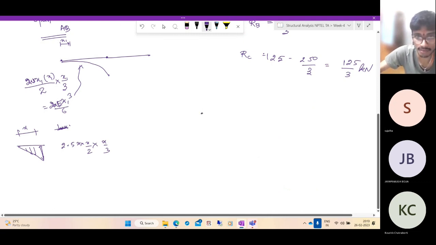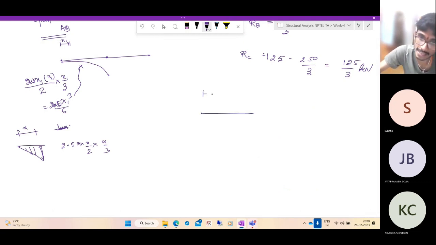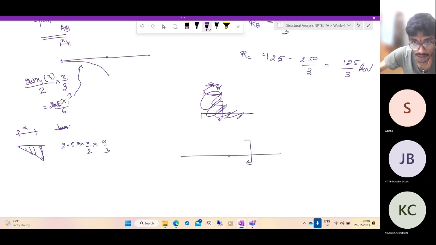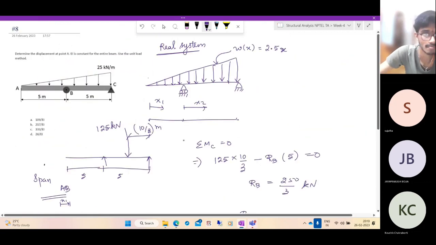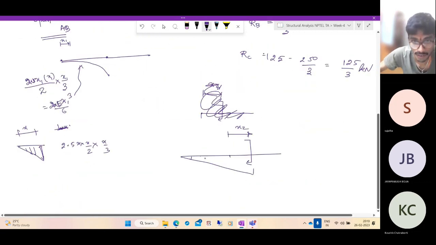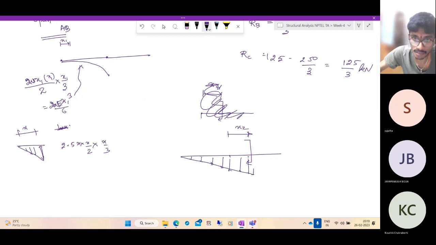So for the second span, you're cutting at x2. You're cutting here, which is x2. There's a linearly distributed downward force.